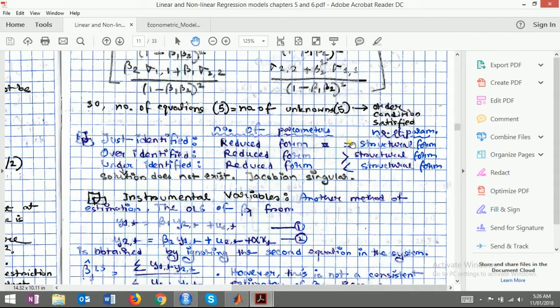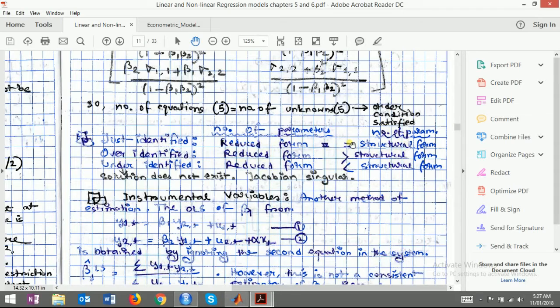Number of unknowns means the number of parameters that we need to estimate. If the number of equations is exactly equal to the number of parameters, then the order conditions are satisfied. So in a just identified system, the number of parameters in the reduced form equals the number of parameters in the structural form.